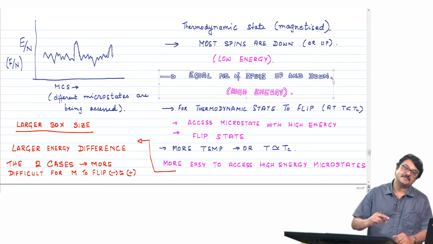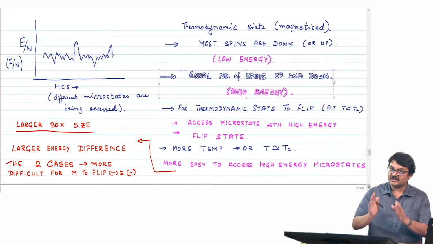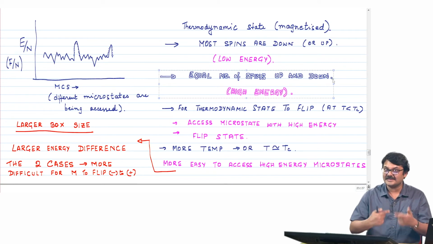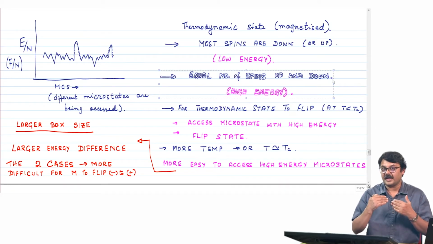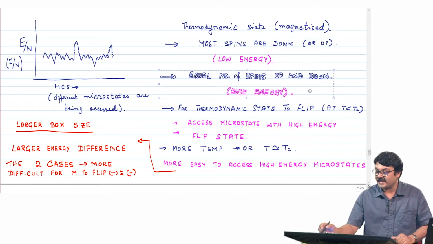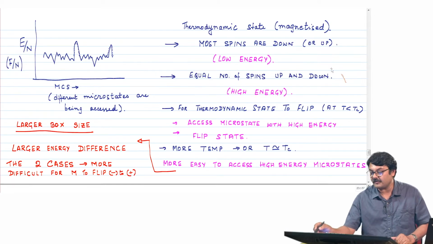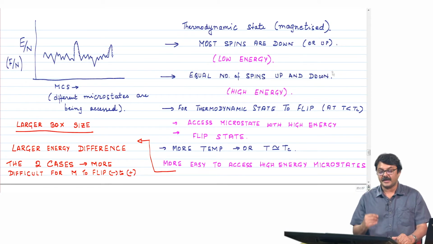Remember, all these are magnetized states, we are talking about T less than Tc, yet we are seeing these flips. So, with a larger lattice size, you have a lower probability of accessing those high energy microstates.